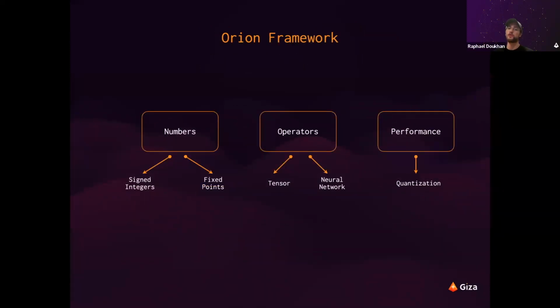In the Orion framework, we currently have three main libraries. Numbers, with a full implementation of signed integers, because for the moment Cairo doesn't support signed integers, but it will in the future, so this is temporary. Fixed points, where the idea is to implement a fixed point. For the moment, we have two kinds of implementation of fixed points, 16 by 16 and 8 by 23. But anyone can create their own implementation because it's just a trait.